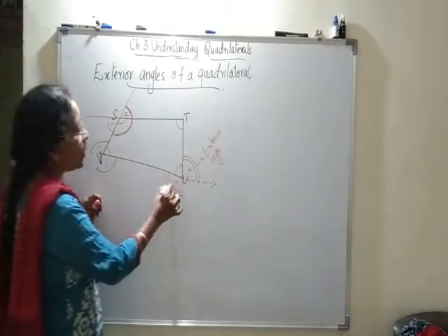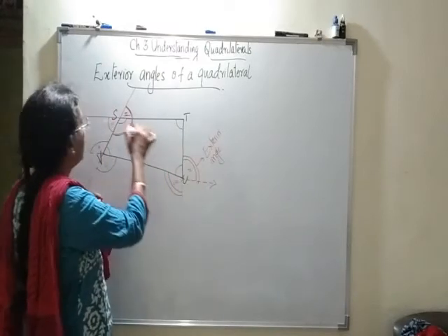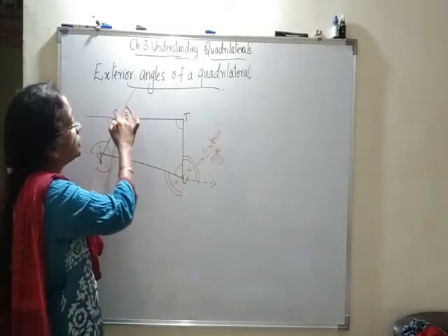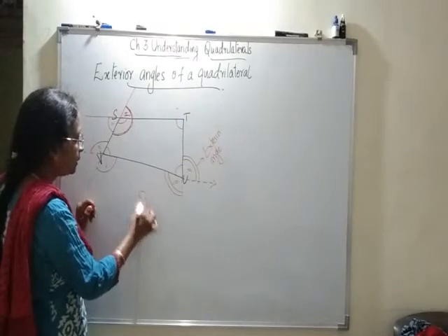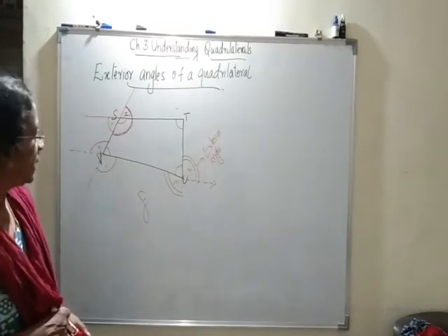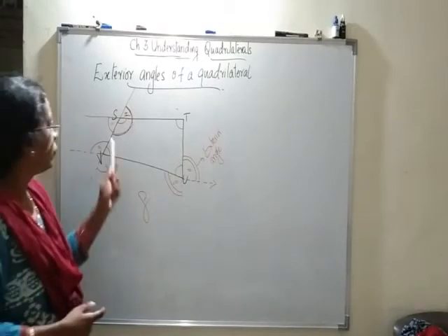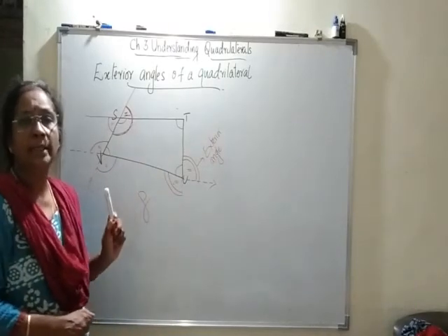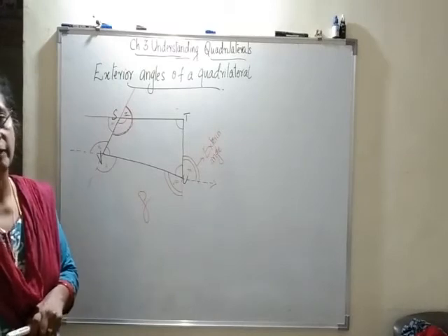See, at each point you have 2. So here 2, here also 2, here also 2, here also 2. Total how many? 8 exterior angles will be there. How many interior angles? 4. 4 interior angles and 8 exterior angles will be there.